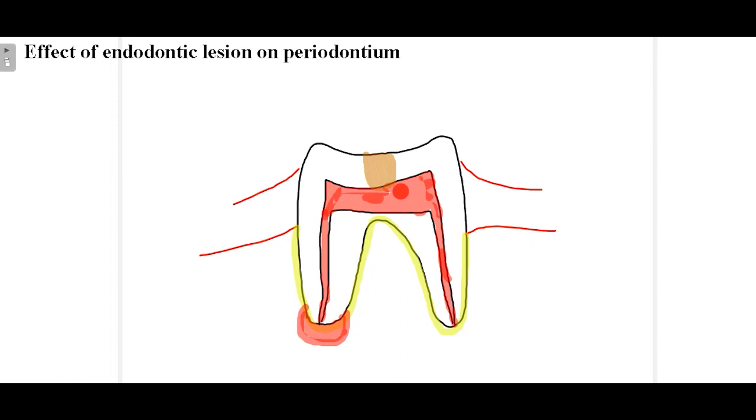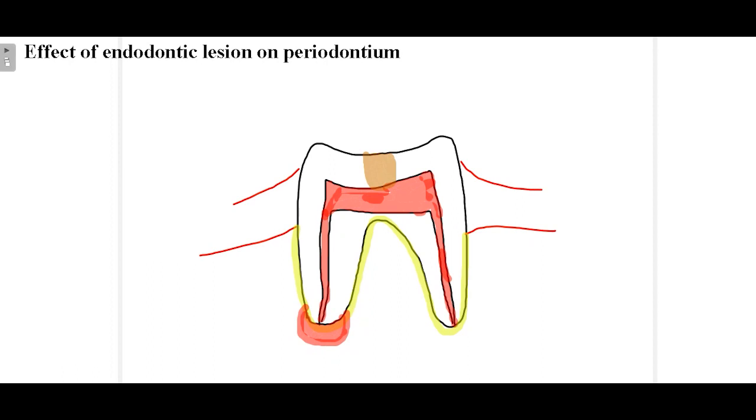In this case also, irreversible pulpitis has developed, and the lesion then progresses towards the apex and results in a periapical lesion. Now note, in irreversible pulpitis, mainly anaerobic bacteria are the main causative factors, and their irritants mainly lead to this lesion.